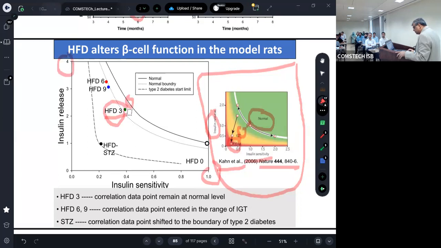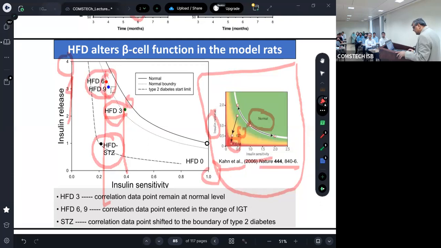That means you see it from here. In the case of 6 months and 9 months, insulin release is increasing, and insulin sensitivity is decreasing. But if you give streptozotocin, then what happens?